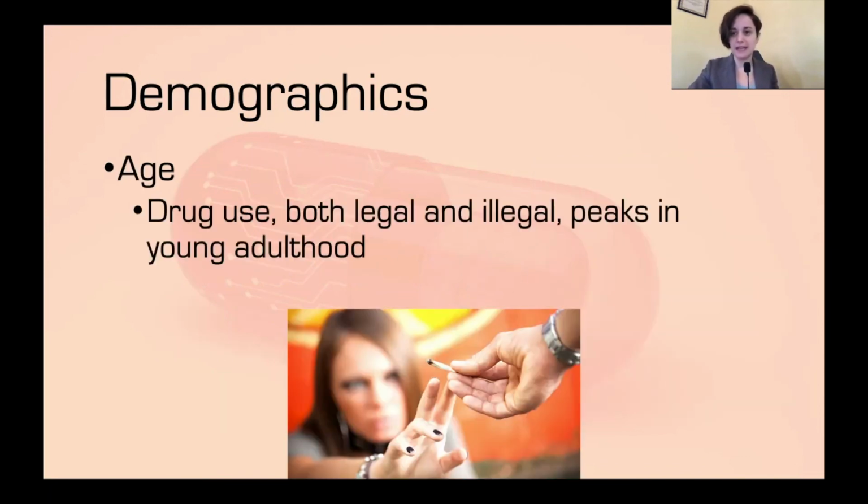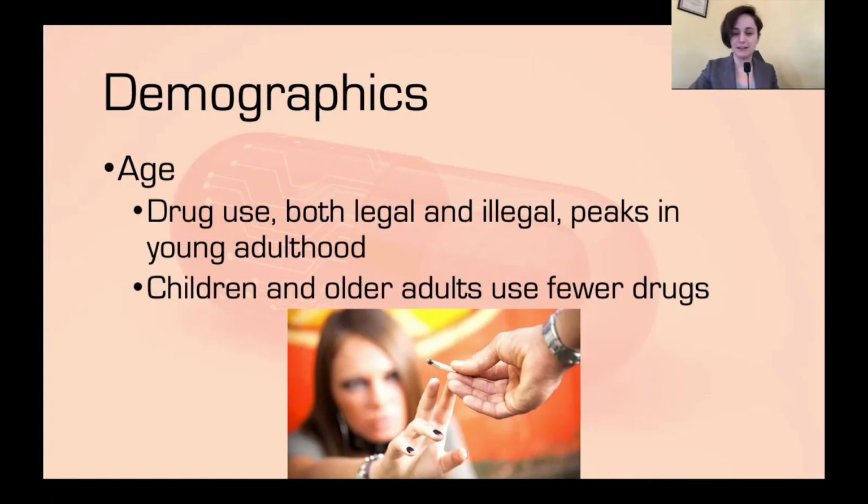In terms of age, it probably won't come as a surprise to learn that people in late adolescence and early adulthood use a lot more drugs, both legal and illegal, than older adults and young children.